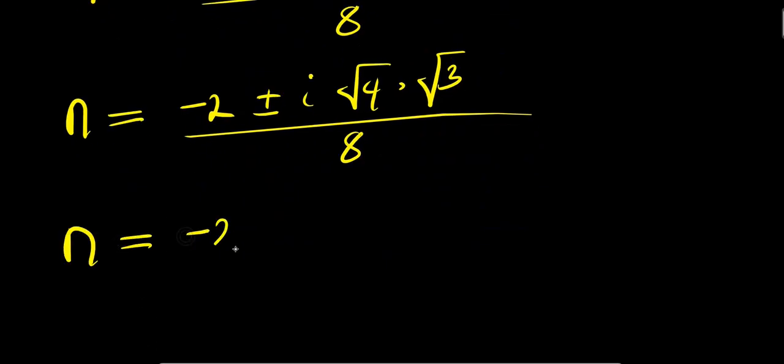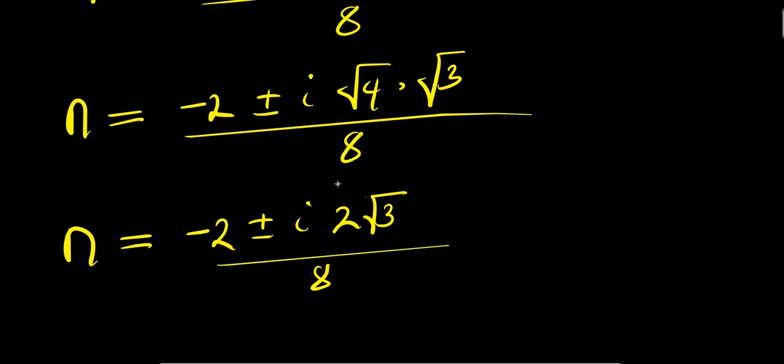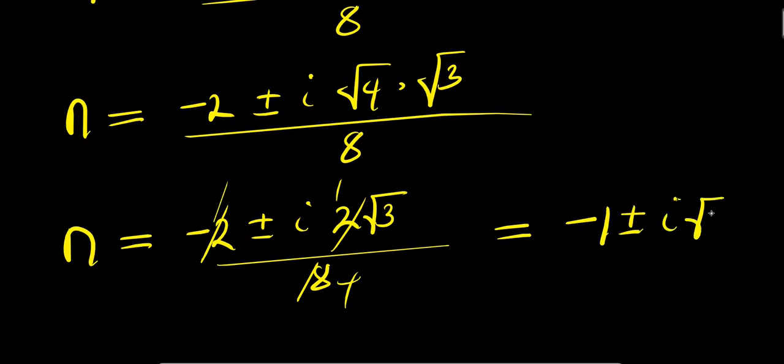From here, n equals negative 2 plus or minus i times 2 times root 3 divided by 8. 2 divided by 8 is 1 over 4. So n equals negative 1 plus or minus i times root 3 divided by 4.